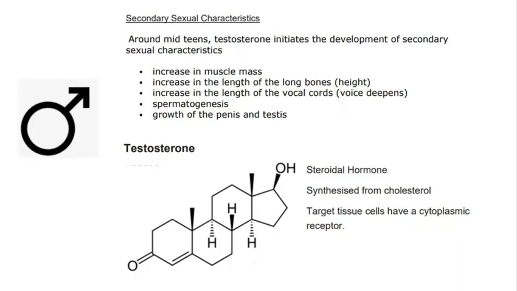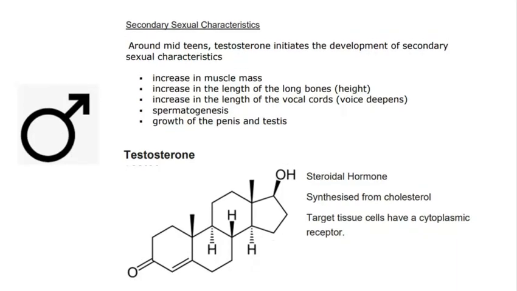With the secretion of LH and FSH in males, we bring about the development of what are called secondary sexual characteristics, characteristics which are shown in sexually mature individuals.